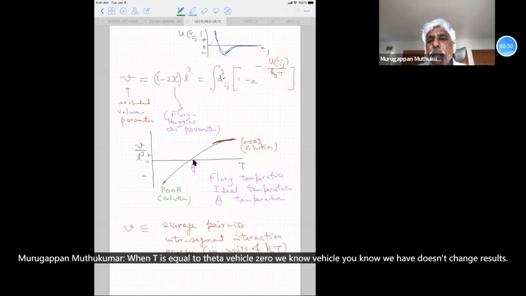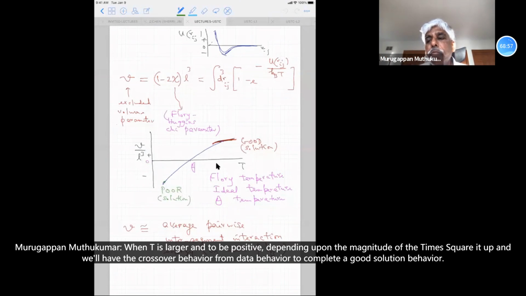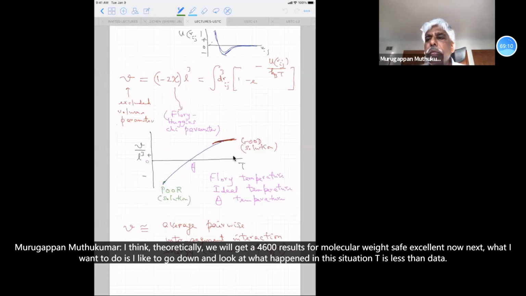When T is equal to theta, V is equal to 0, and we have Gaussian chain results. When T is larger than theta, V is positive. Depending upon the magnitude of V times square root of n, we'll have the crossover behavior from theta behavior to complete good solution behavior. Asymptotically, we'll get Flory's exponent 3/5 for the molecular weight size exponent.